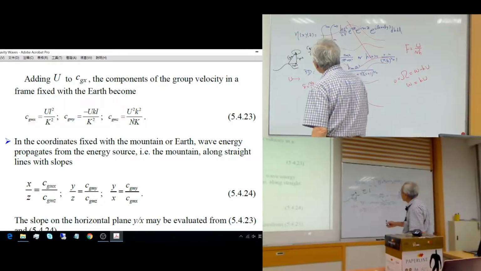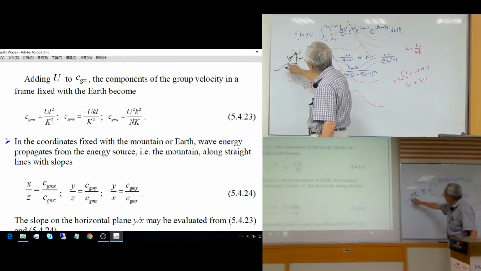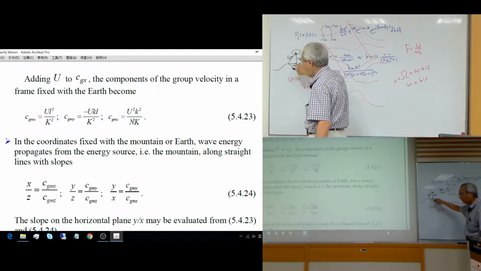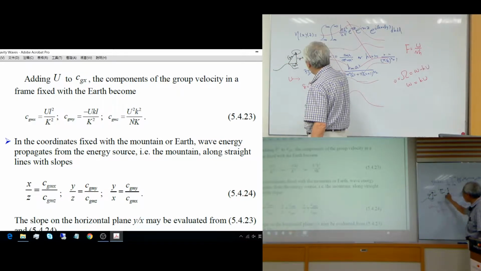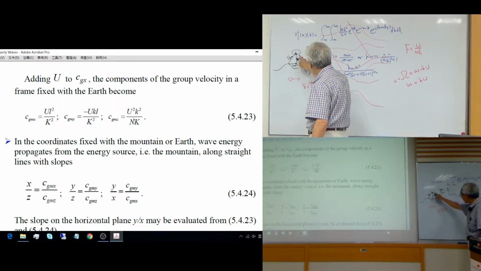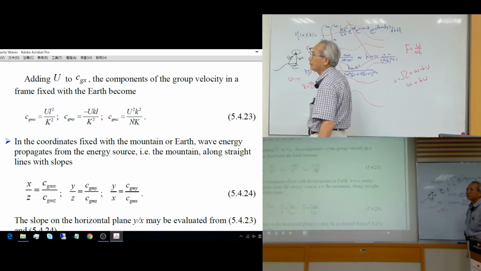Okay, so this one goes from this point to this point. So in space, this will be height. This will be horizontal distance. This is vertical distance. That's z over x. That will be parallel to this, CGMZ divided by CGMX.